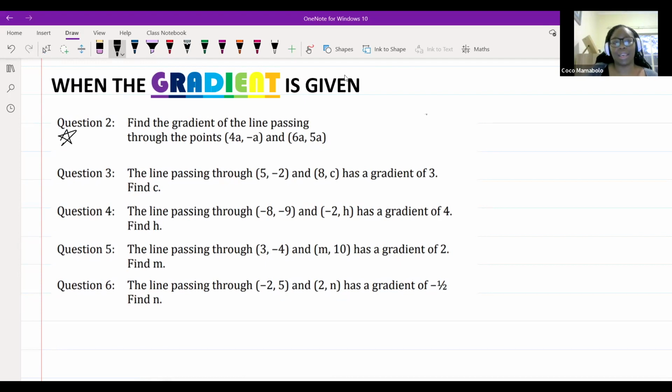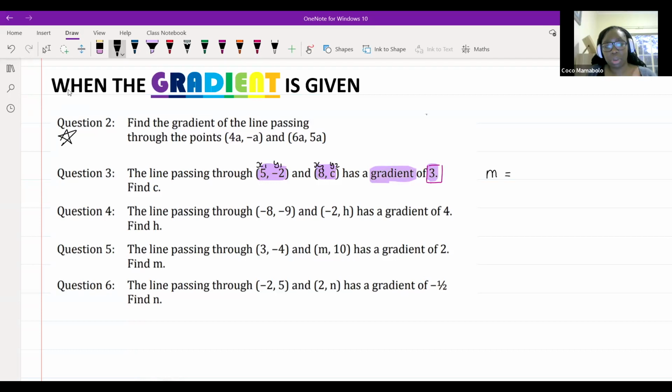Now, they're telling us here that the line passing through 5 and negative 2 and 8 and C has a gradient of 3. Right. So if we're looking for an answer, we're going to use the same formula for the gradient, and we're going to say that the answer we would get for our gradient is 3. So we then have to go, the gradient is equal to, this is x1 and y1, and this is x2 and y2.